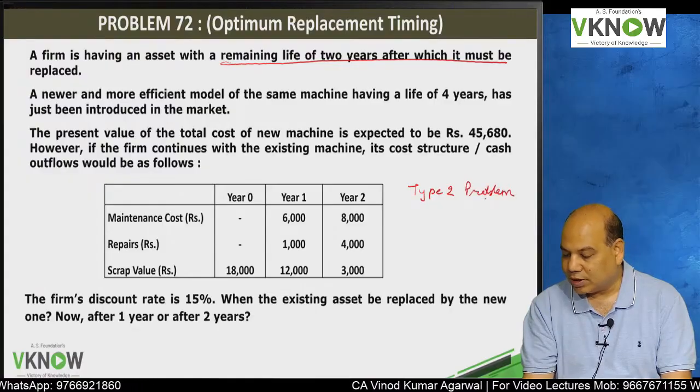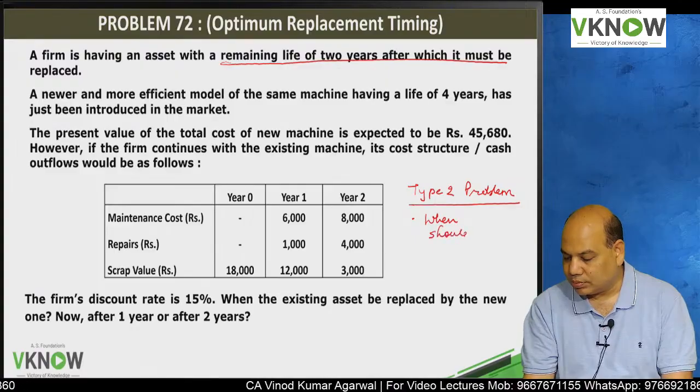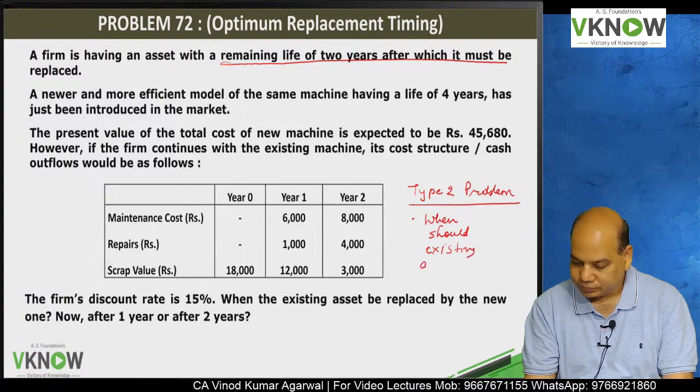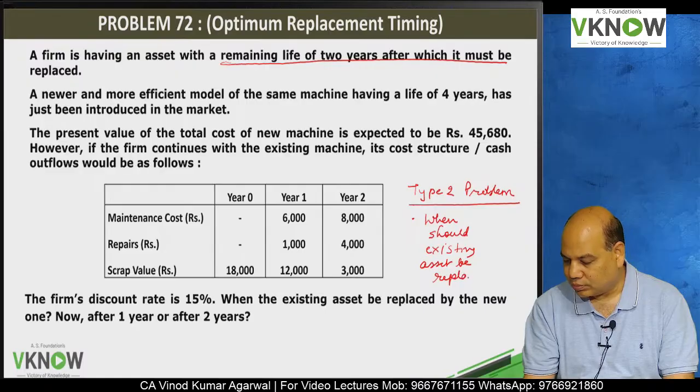The previous one was a type 1 problem. Type 2 problem is: when should an existing asset be replaced by a new one?